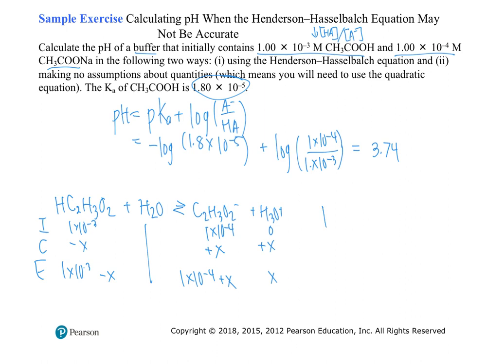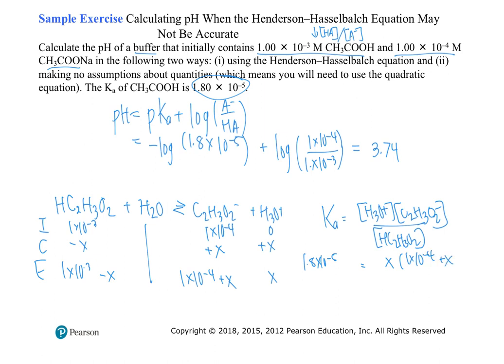So I'm going to plug that into my K expression, which is hydronium times acetate over acetic acid. So I have 1.8 times 10 to the negative 5 equals x times 1 times 10 to the negative 4 plus x, and then 1 times 10 to the negative 3 minus x.